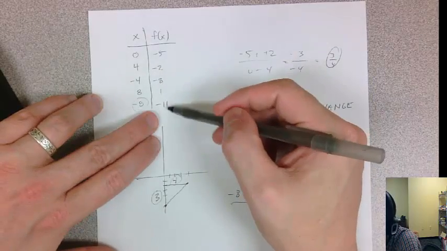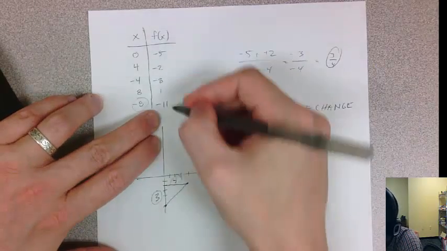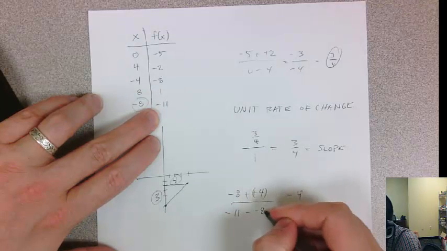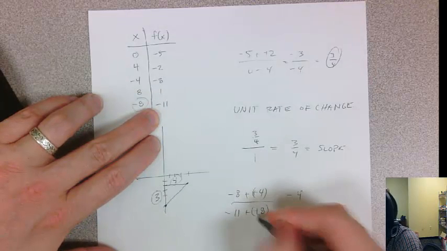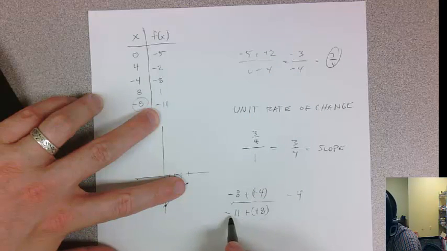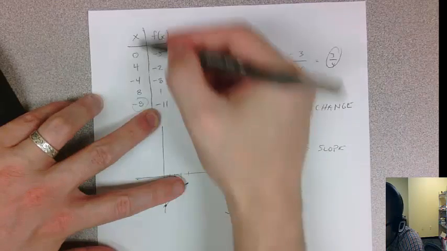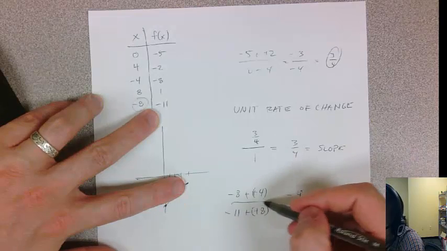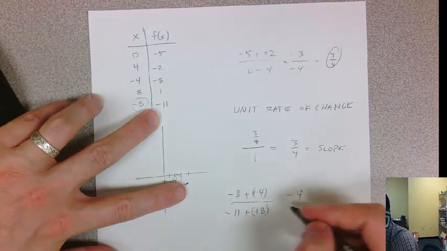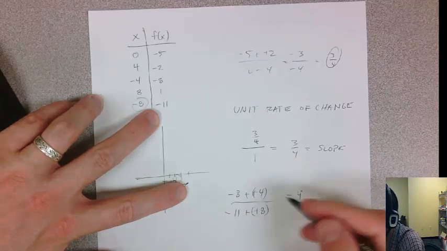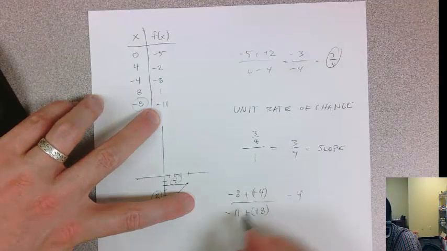And then the difference, I have to compare the same way, so -11 to -8. Oh wait, this needs to be flipped over, doesn't it? Because I want to compare my function values. They should be on top. So that's a common mistake that a lot of people make. So I'm glad that we're bringing it up now.